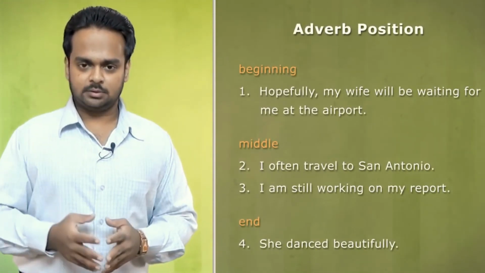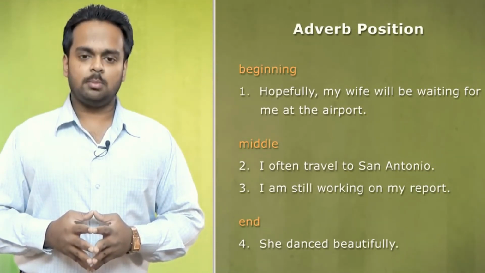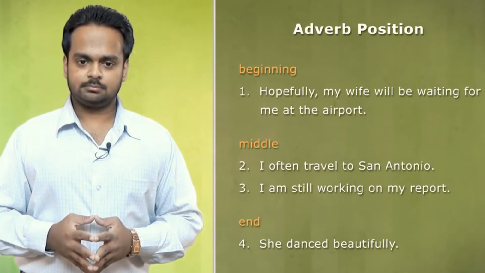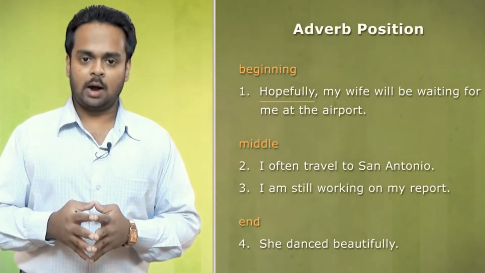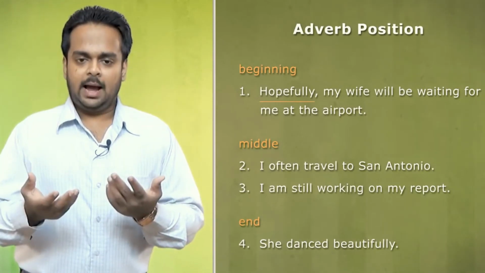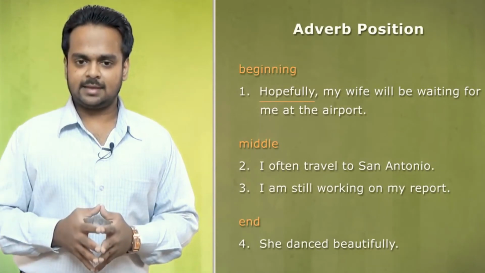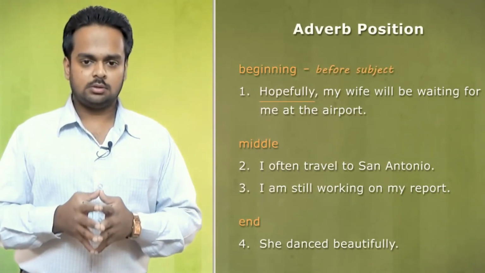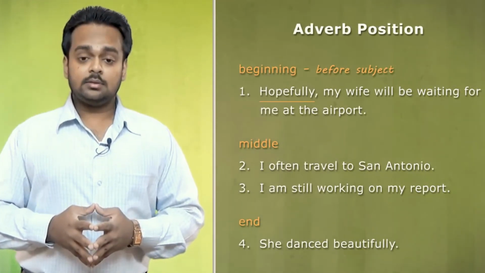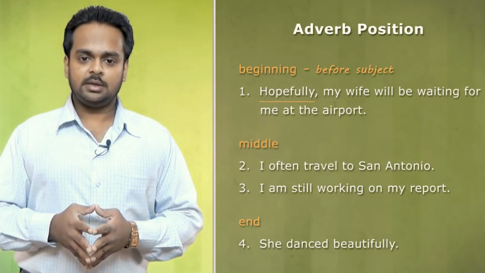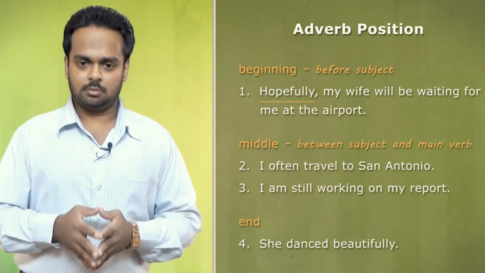Look at these examples. In the first example, hopefully my wife will be waiting for me at the airport. The adverb is hopefully. It shows my opinion or how I feel, I hope, and it is in the beginning or initial position. This means that the adverb is at the start of the sentence or clause or before the subject. In the next 2 examples, the adverb is in the middle position, that is between the subject and the main verb.